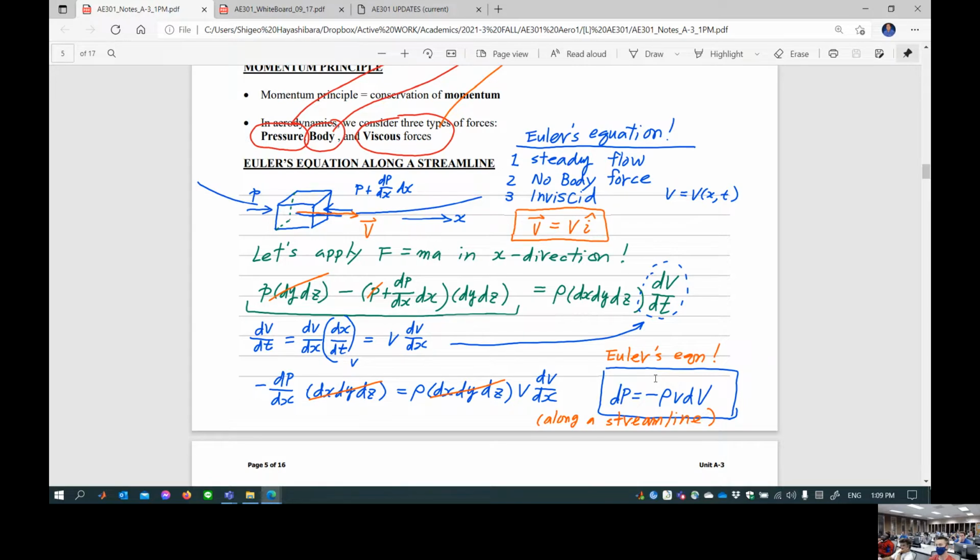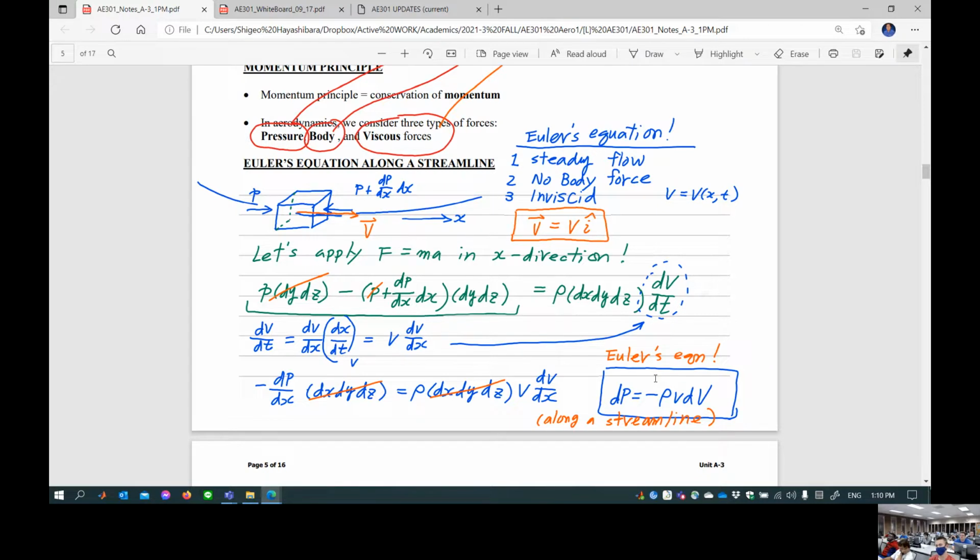Partial is tough. How can you integrate a partial differential equation? Somebody please tell me from your math knowledge. It's impossible to integrate a partial differential equation, because the variable you want to integrate is a function of multiple things. That's why it is a partial differential equation. How can you integrate such a thing? Impossible. Too bad.